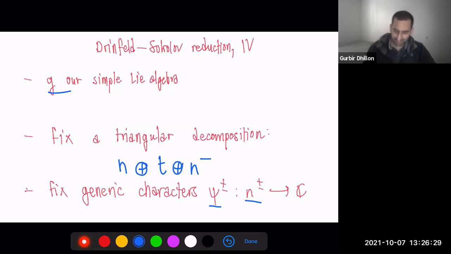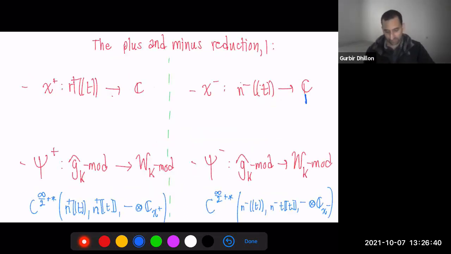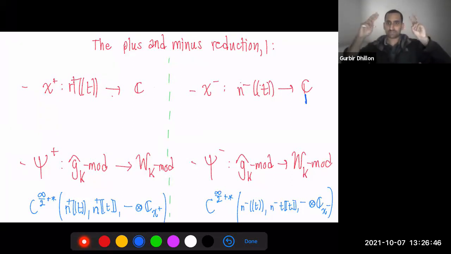Sorry, I'm not going to be too careful: sometimes I'm going to write n plus, and sometimes I'm going to write n. Hopefully that doesn't cause confusion. Okay, so the idea is that from these generic characters of these finite dimensional Lie algebras, we're going to inflate them to produce characters of the infinite dimensional loop algebras.